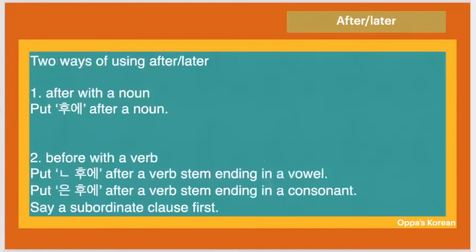Now, after or later. There are two ways of using after or later in Korean. If you want to use after with a noun, you simply put 후에 after the noun.